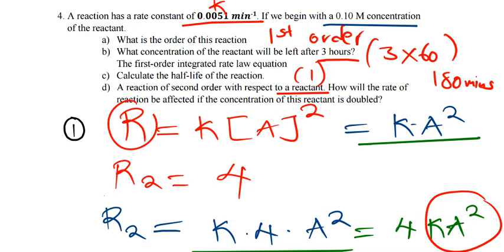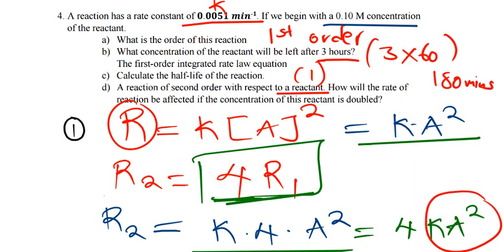So how will the rate of reaction be affected? The rate of reaction will increase by a factor of 4 when we double the concentration.